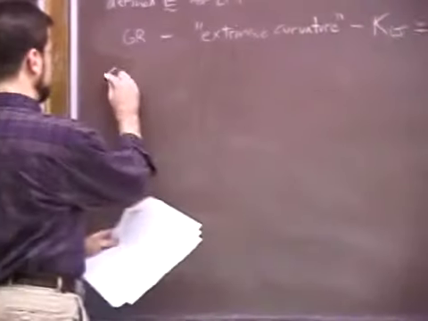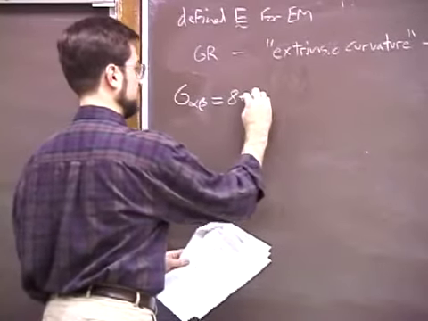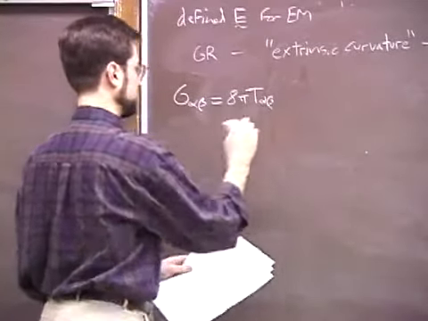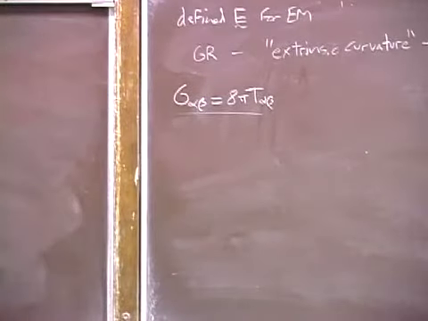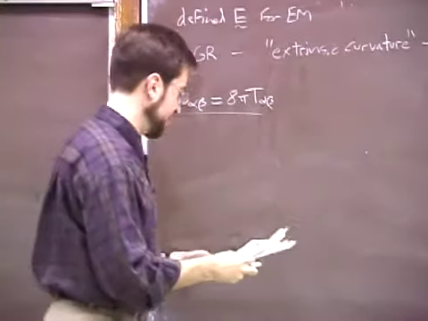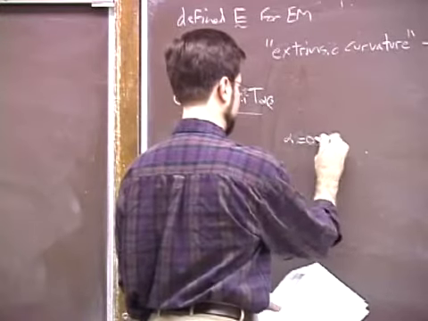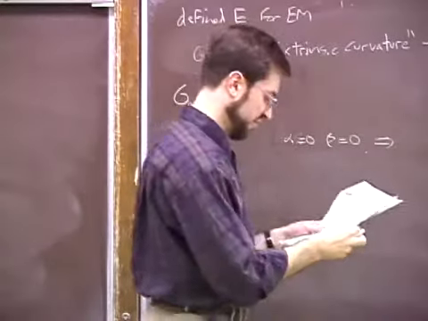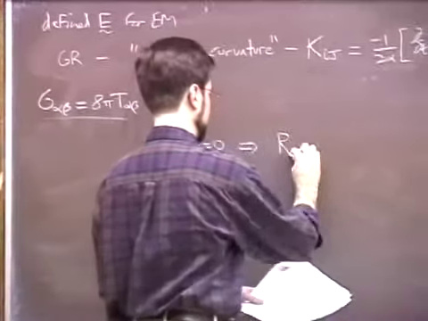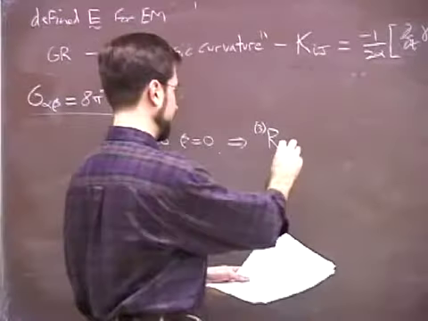So now I can write down Einstein's equations in terms of these variables. I'm not going to write everything out, I'm just going to write a little bit. So for alpha equals 0, beta equals 0, I get an equation that looks like this. I get the 3-dimensional scalar curvature.